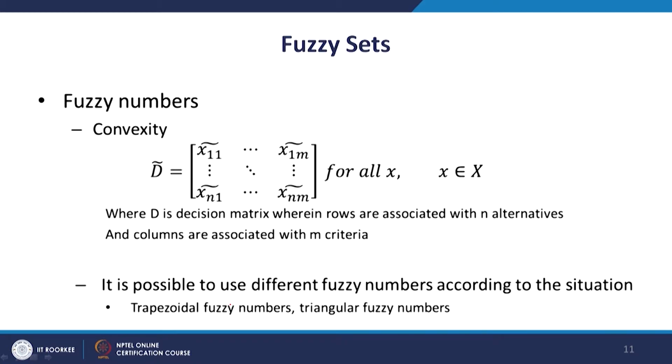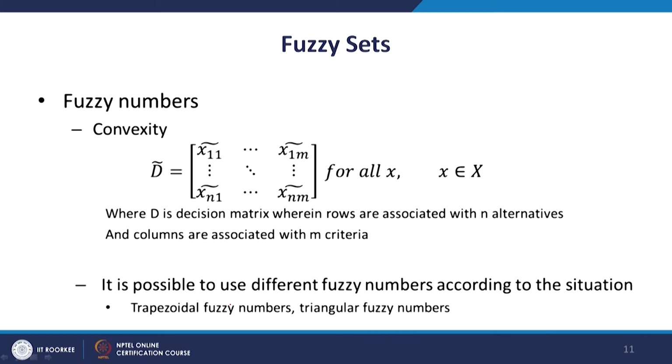Now, D tilde is going to be defined as a matrix like this, where every element would be like this: x11 tilde up to x1m tilde, and x n1 tilde up to x nm tilde. This is for all x where x belongs to the set capital X. So, this should be possible.